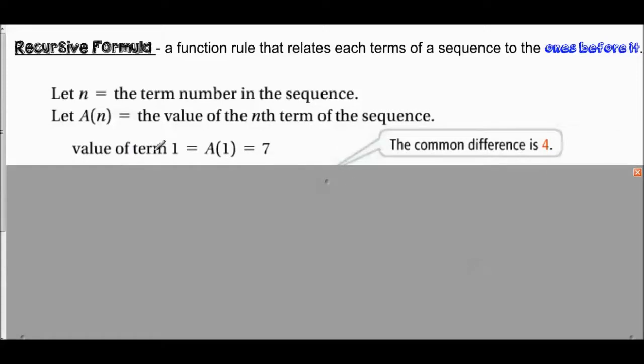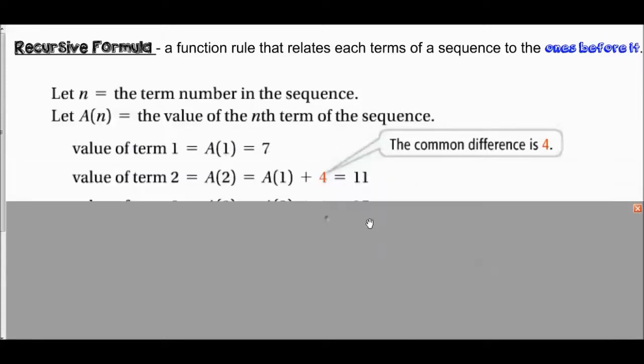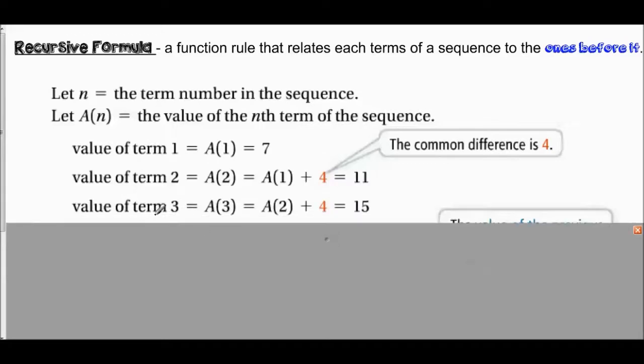So the value of term 1, A of 1, the first term, is 7. The value of the second term, I find that because of the one before it. I take the first term and I add 4 to that. 7 plus 4 is 11. The value of the third term is determined based on the one before it.